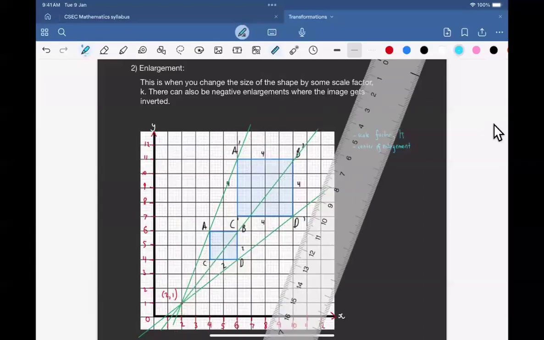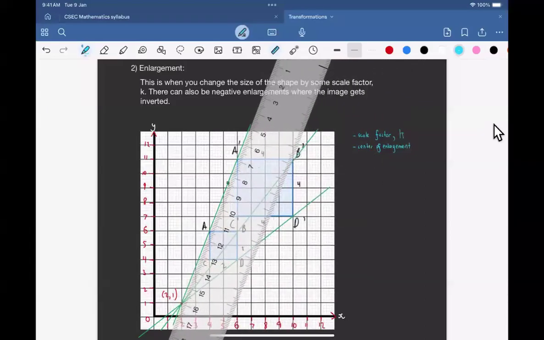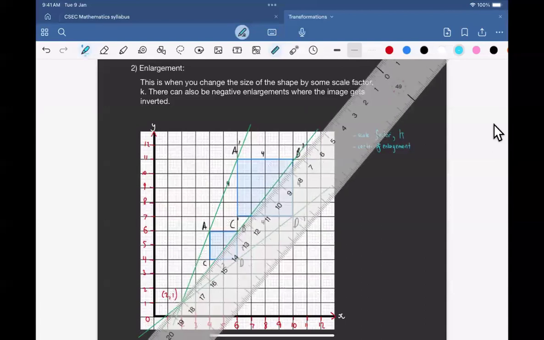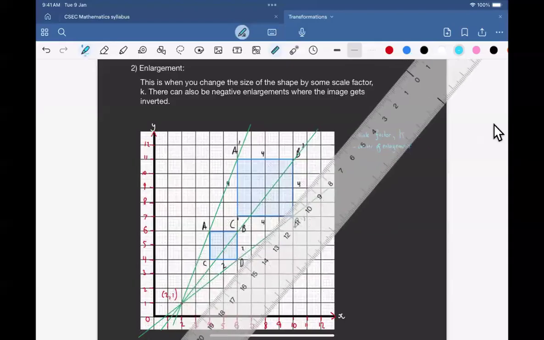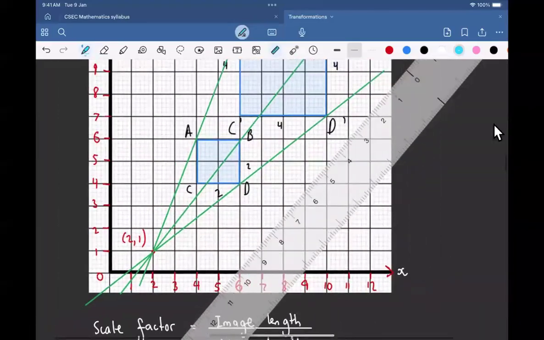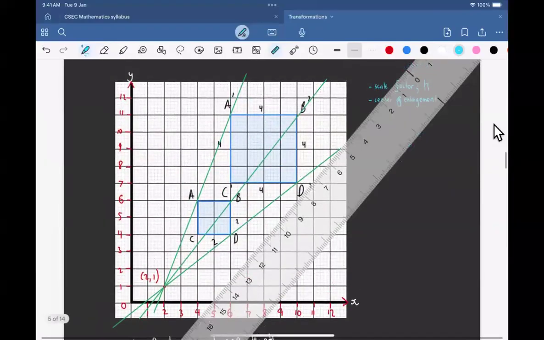I'm going to take the ruler, line it up, and draw a line. Then I'm going to go by another corresponding point. So I have B and B prime, and I'm going to draw a line. You see where it's intersecting? You see where it's cutting here? That's called the center of enlargement. So all the enlargement is happening about that point.